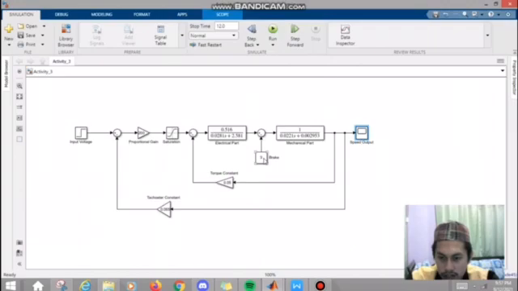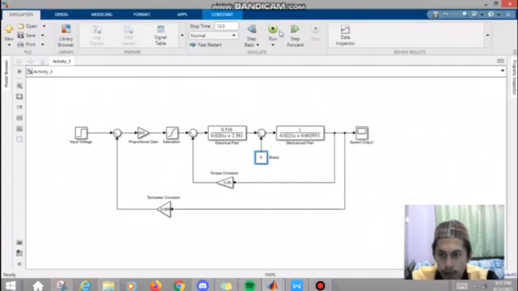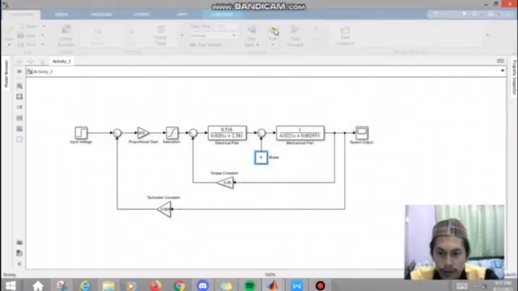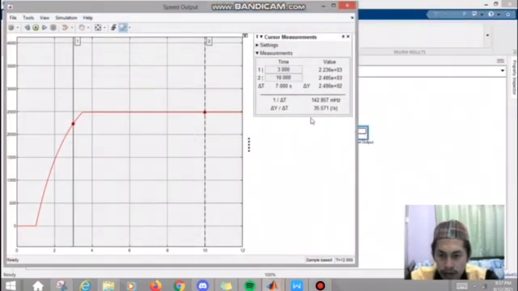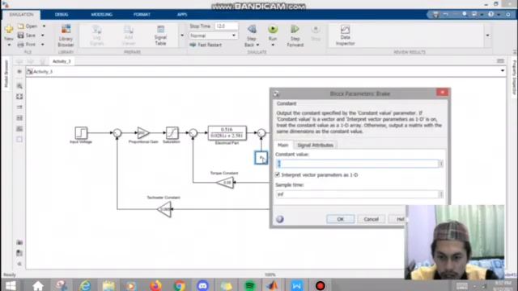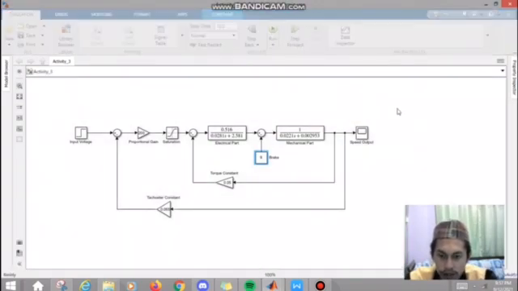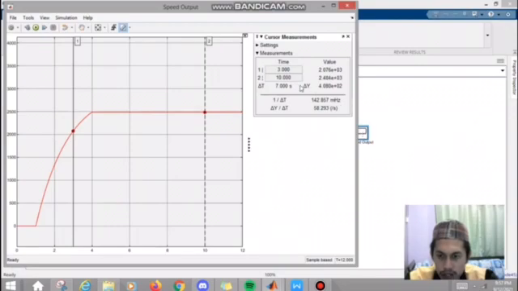Then we change to brake scale 6 and run the simulation. At t equals 10 seconds it is 2485 RPM. Next we change to brake scale 9 and run the simulation; the speed is 2484.